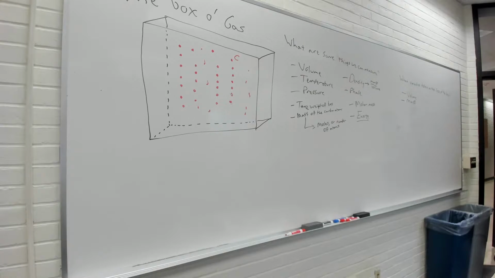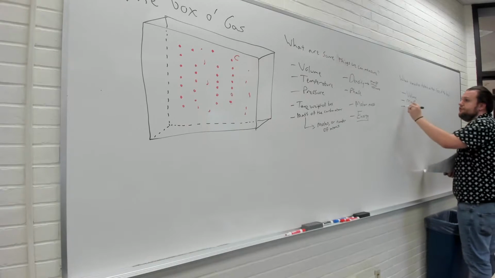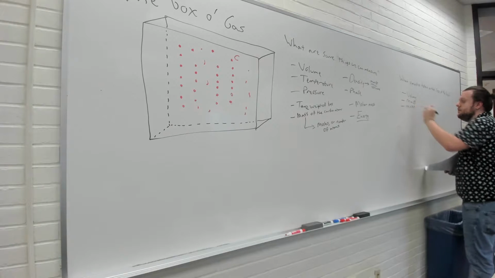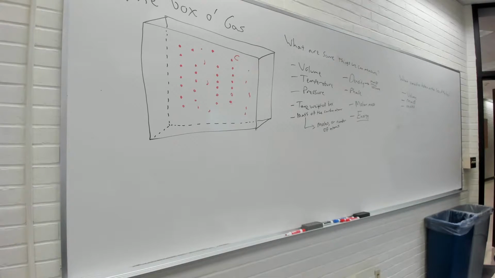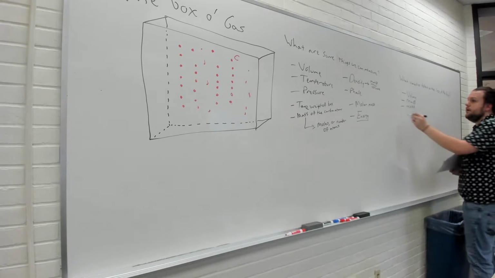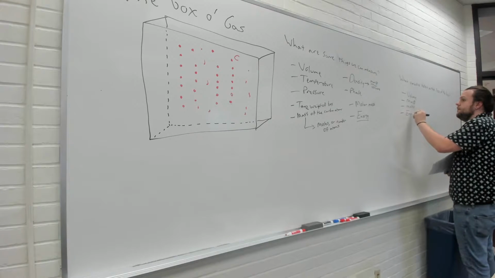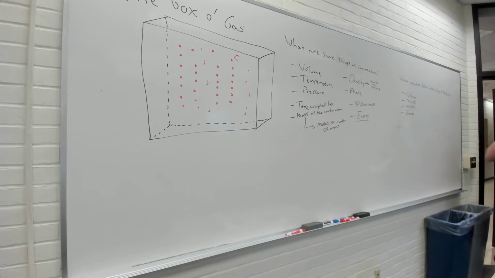If we halve the size of the box, then obviously the moles change. And it turns out if you halve the size of the box, you also reduce the energy. So energy depends on the size of the box, and we'll see that very clearly once we start talking more about energy.